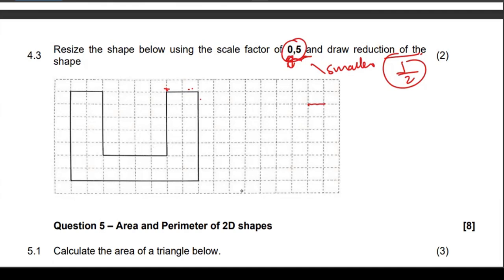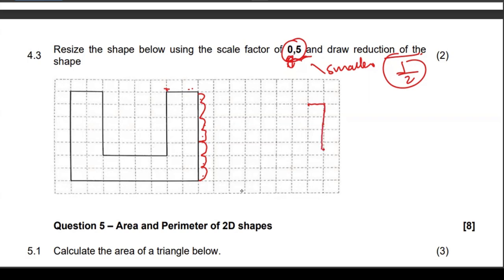Okay, 1, 2, 3, 4, 5, 6, 7. We have 7 blocks now. Does it make sense? So 1, 2, 3, 4, 5, 6, 7. 7 divided by 2, we're going to get 3.5. Okay, so 1, 2, 3.5, somewhere there.